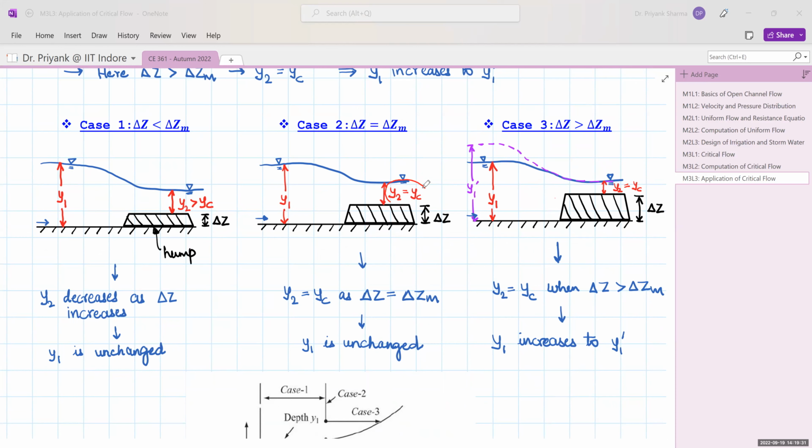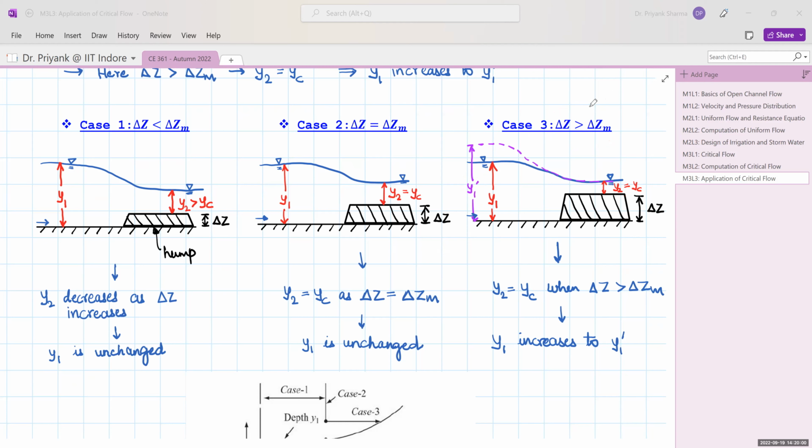So Y2 is Yc, so critical flow happens over the hump, and Y1 is still unchanged. But in case 3, when your delta Z is greater than delta Zm, the flow does not happen in the given conditions, and a change in the conditions is warranted, and that is why your upstream depth increases to Y1 dash, while your downstream remains at the critical depth only.